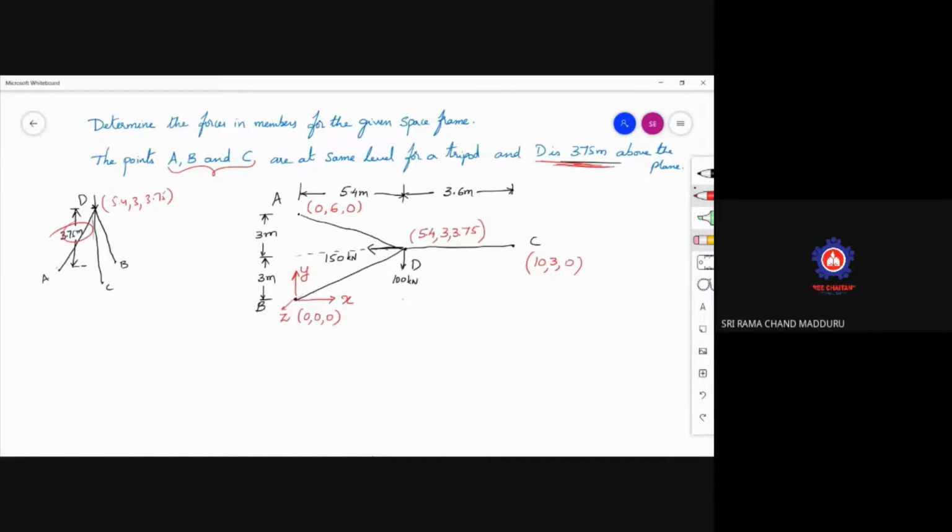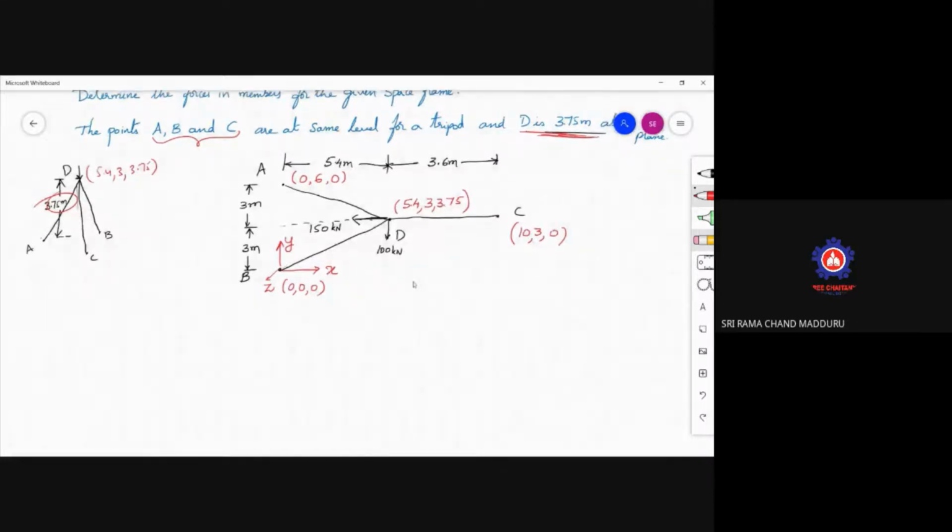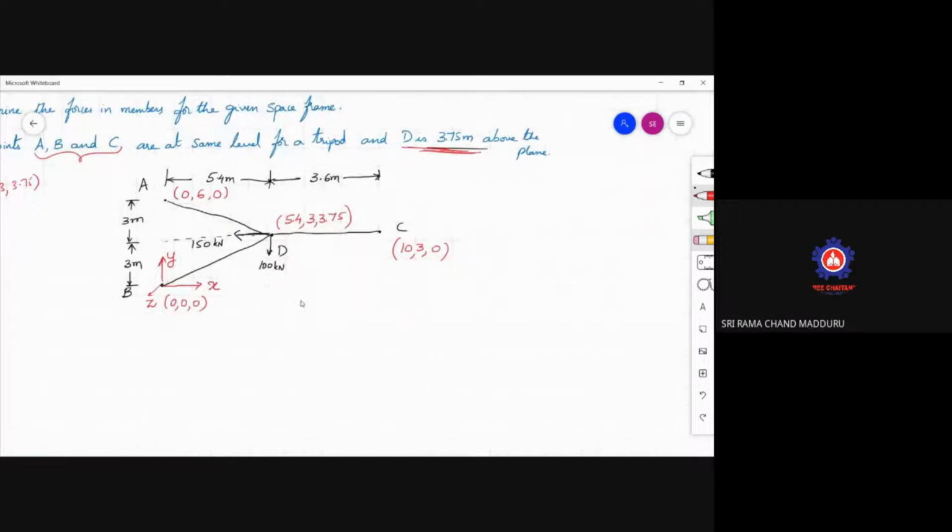We assumed all the members are to be in tension. Now, another point also we should write down here. Your x-axis is positive in this direction. Before that, let us first of all mention them in the coordinate system.